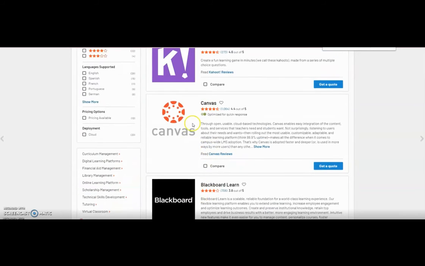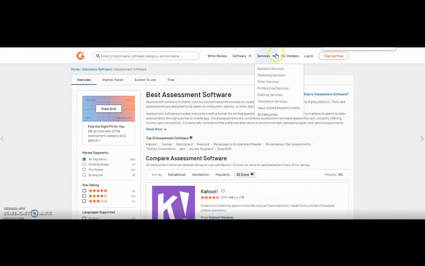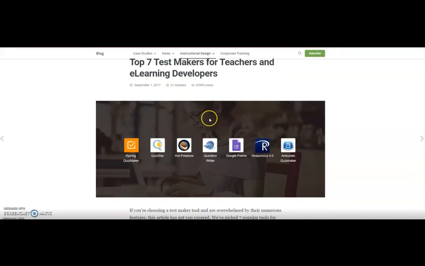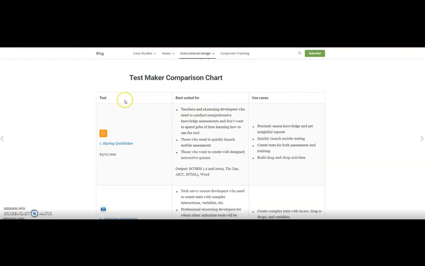So there are many evaluation tools to solve this problem. We try the best one or the easiest one, or what we want, whether formative or summative assessment.